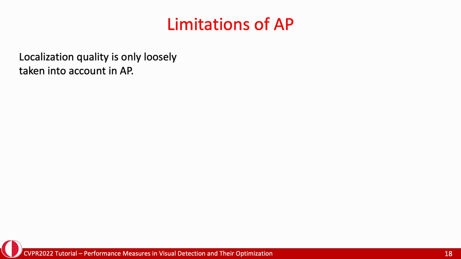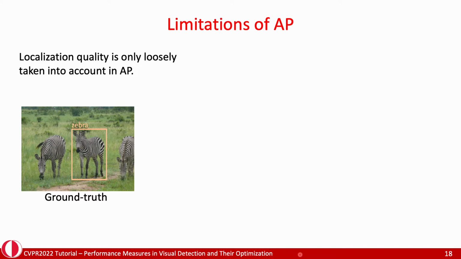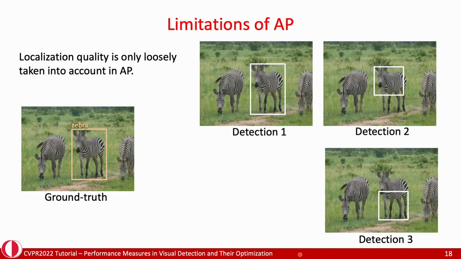There are well-known limitations of AP, and we are going to talk about these in depth in the second part of the tutorial. Here we will briefly mention 2 of them. First, localization quality is only loosely taken into account in AP, so it is actually not properly accounted for. For example, given this particular object and its ground truth annotation, let us consider these three detections.